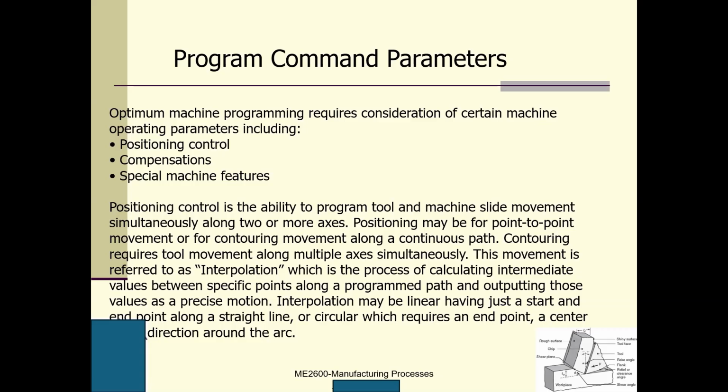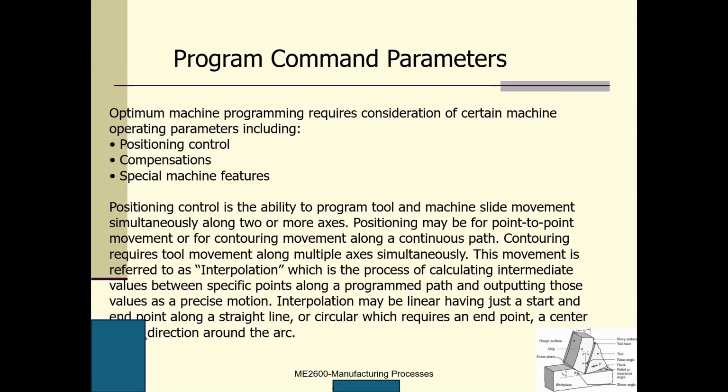Positioning control is the ability to program tool and machine slide movement simultaneously along two or more axes. The positioning may be for point-to-point movement or for contouring movement, which is continuous movement along a continuous path.